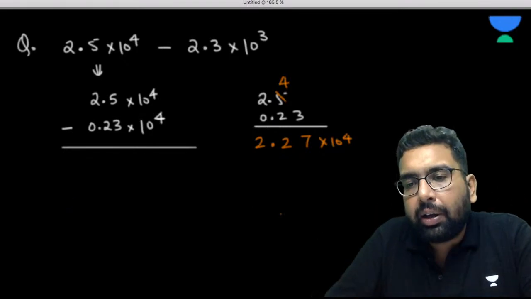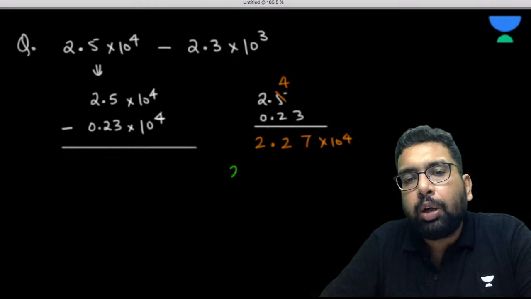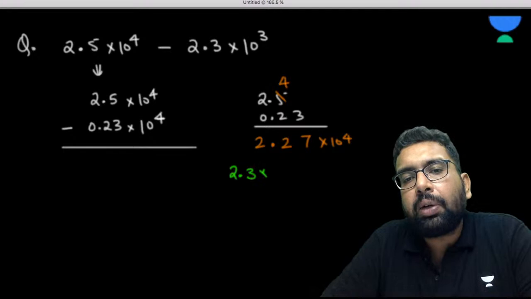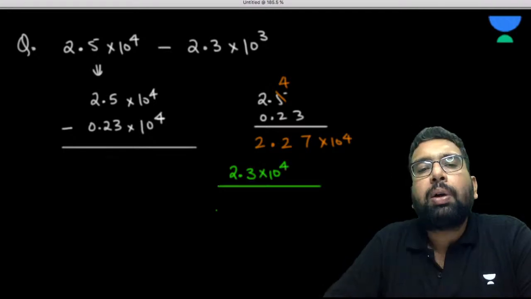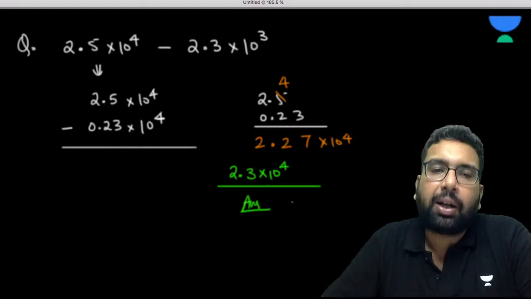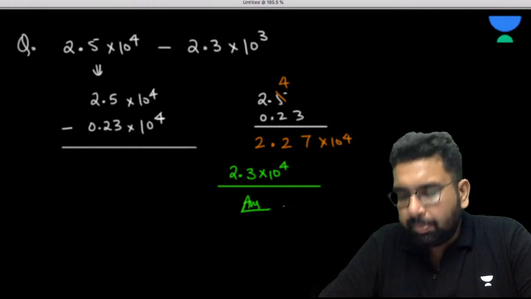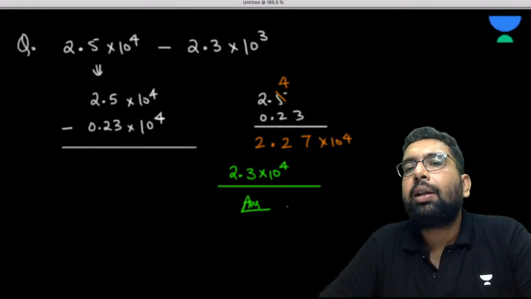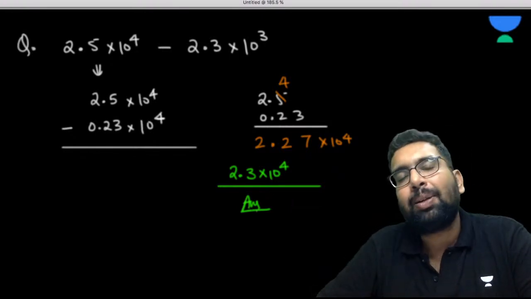So here it is going to become 2.3 into 10 to the power 4. This is going to be the final answer, because we want to reduce it to the decimal places as present in the value with the least decimal places.